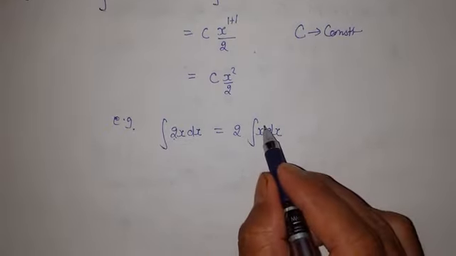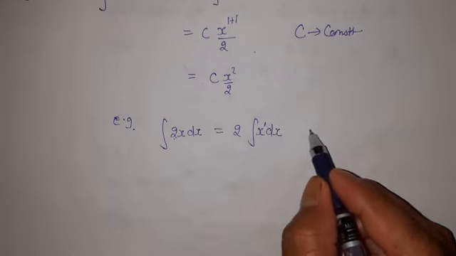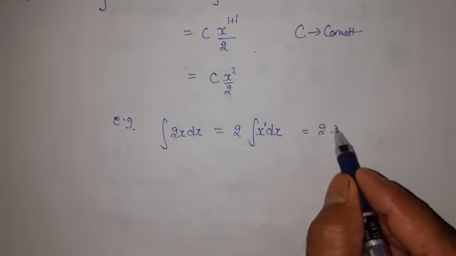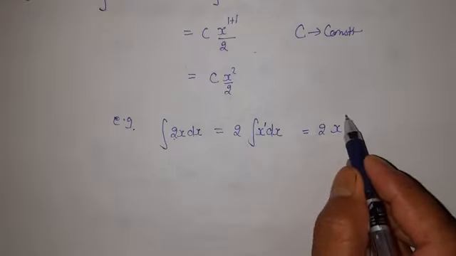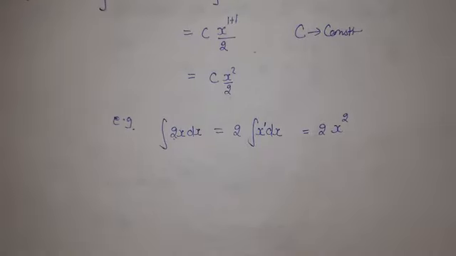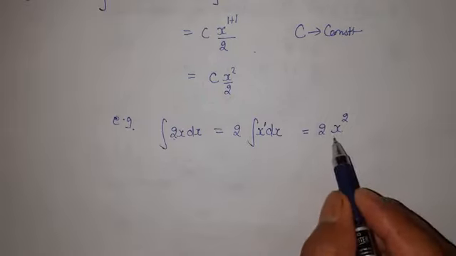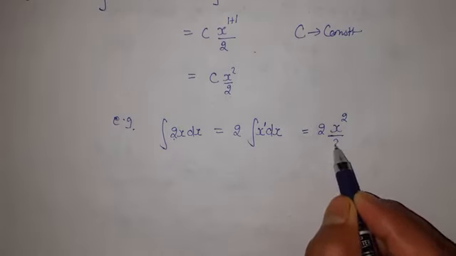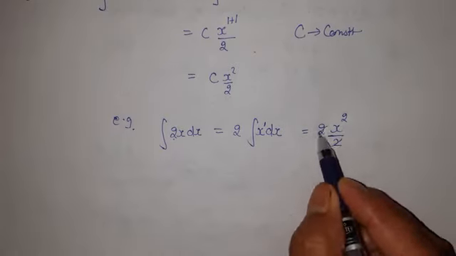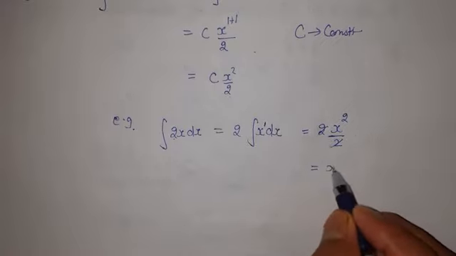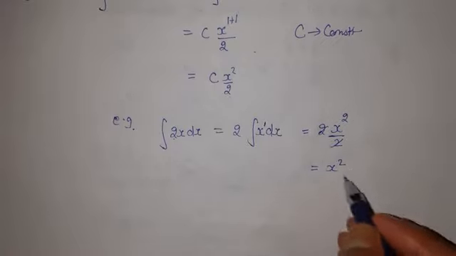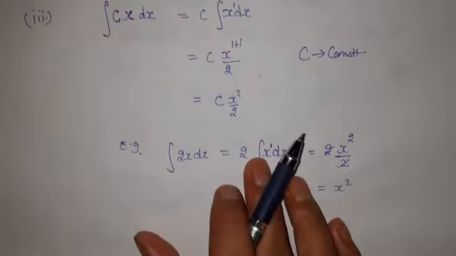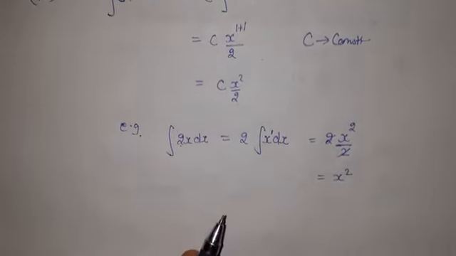Now with the help of the power method, its power is 1, thus we will get 2 x to the power 1 plus 1. इंटीग्रेशन जब करते हैं तो पावर में एक ऐड होता है और जो टोटल बनती है उसे डिवाइड, और डिफरेंशिएशन when we do, so at that time 1 is subtracted from the power, and the power is brought to the front. So over here ये 2 से डिवाइड हो गया, so thus it is going to cancel. So we have x square. Thus, this is the utilization of this formula if a constant is multiplied.